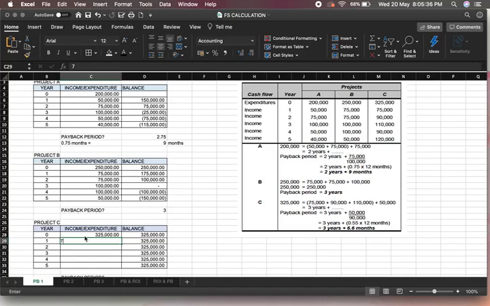So 75,000, 90,000, 110,000, 90,000, and 120,000.